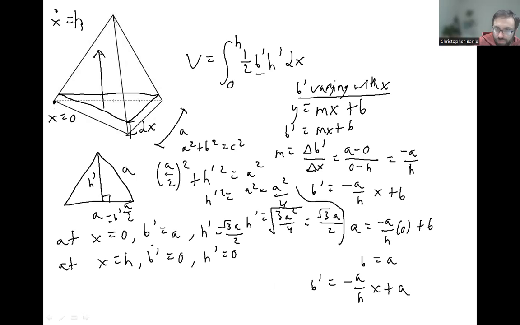And something very similar is going to happen with our h prime, so we can do a very similar thing here. I'm just going to rewrite this expression up here. We're running out of room, so I'm going to erase some stuff to give me some room. Actually, we can save some time here.